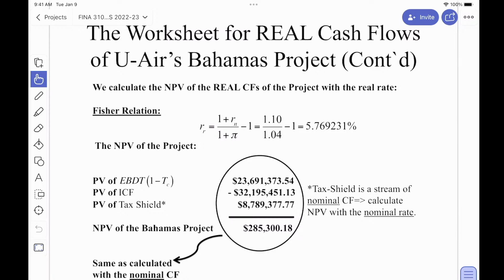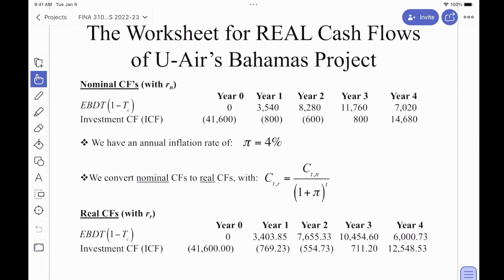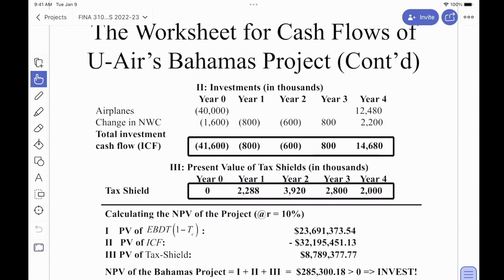This is a solution of the UAir case, and I think we left off here. Am I right? I believe we left off here.